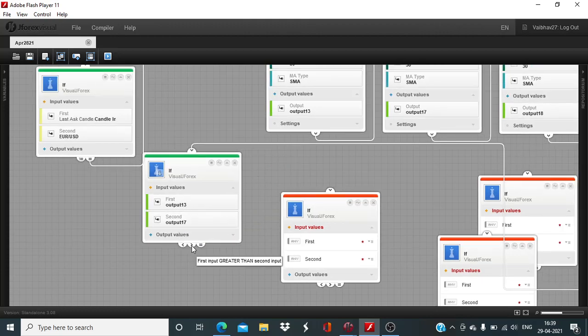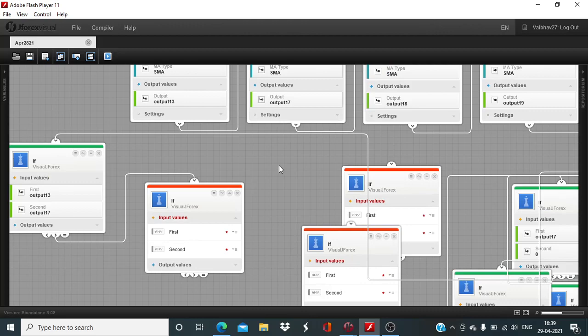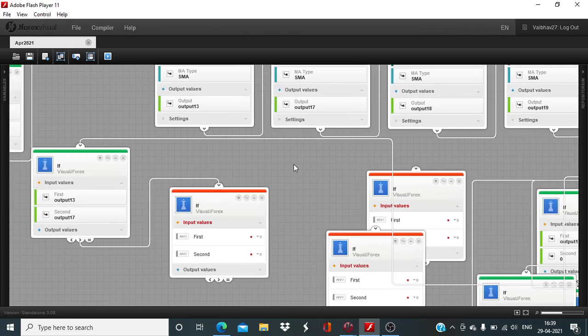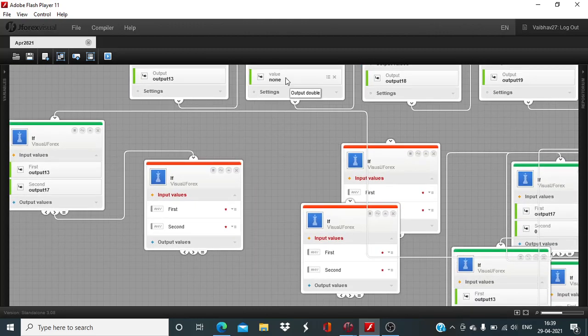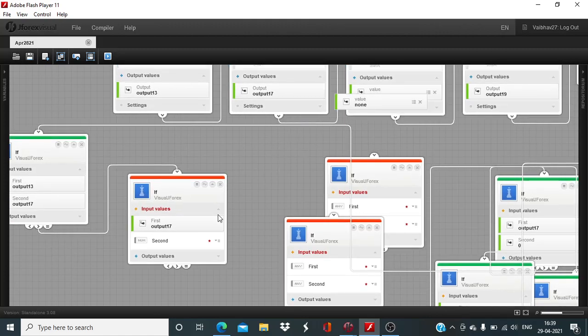It should be first input greater than second input. And output 17 needs to be less than output 18.